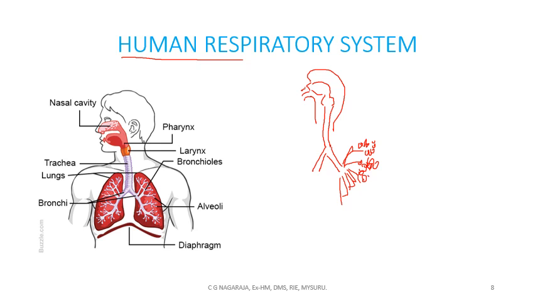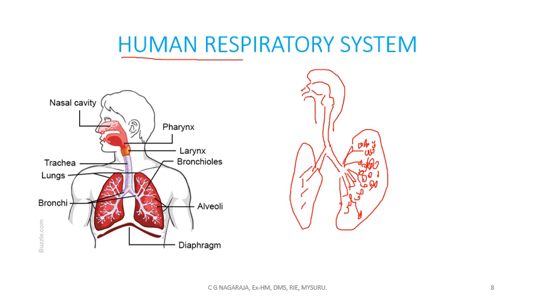I'll just show you how you can make a good drawing like that. Alveoli present here will be covered by a covering in the pulmonary system, and that becomes one lung. Similarly, there will be one more lung here that also contains plenty of alveoli.